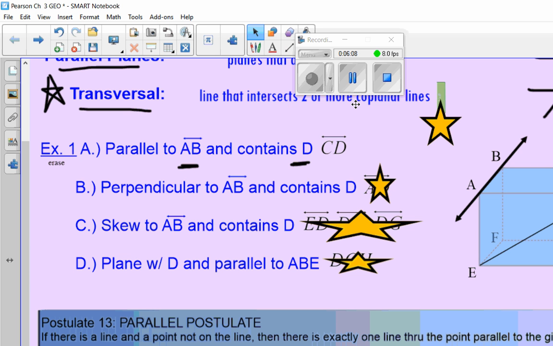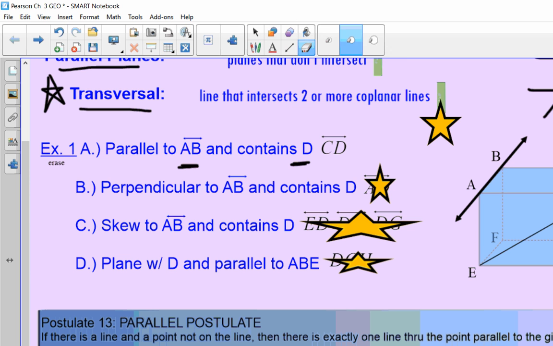Okay. Now we've talked about perpendicular in question B here. Perpendicular is two lines that intersect to make a right angle. In a rectangle, all the sides meet at a right angle.